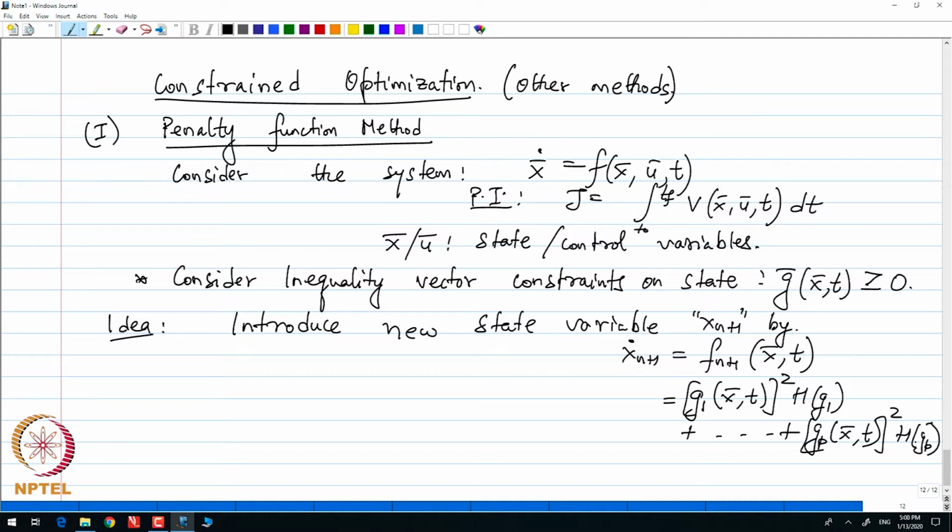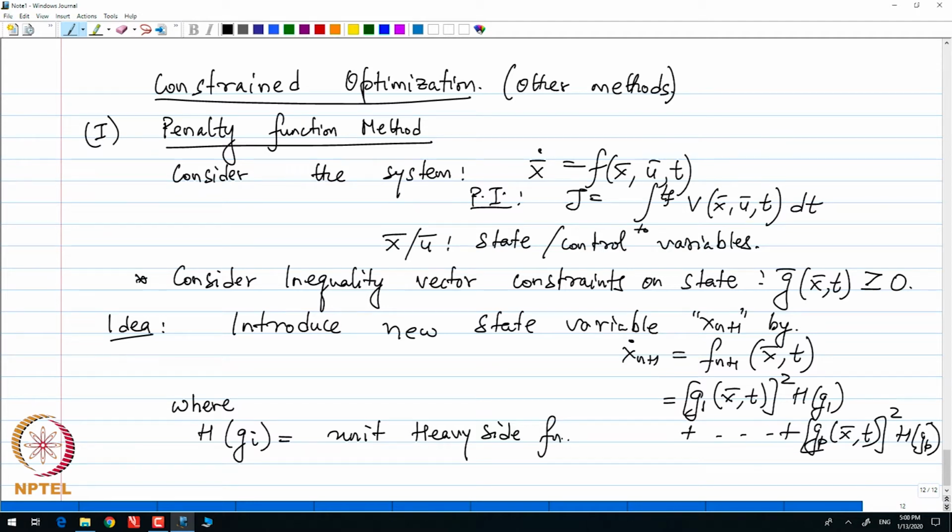Suppose we have p inequality constraints, and where h of g i is the unit Heaviside function.